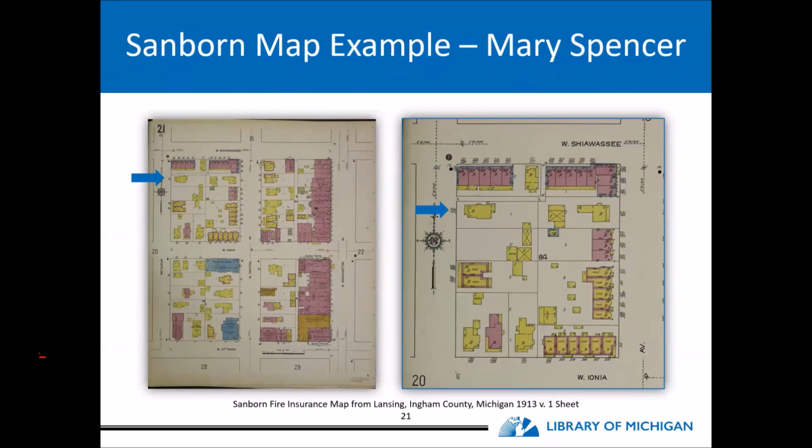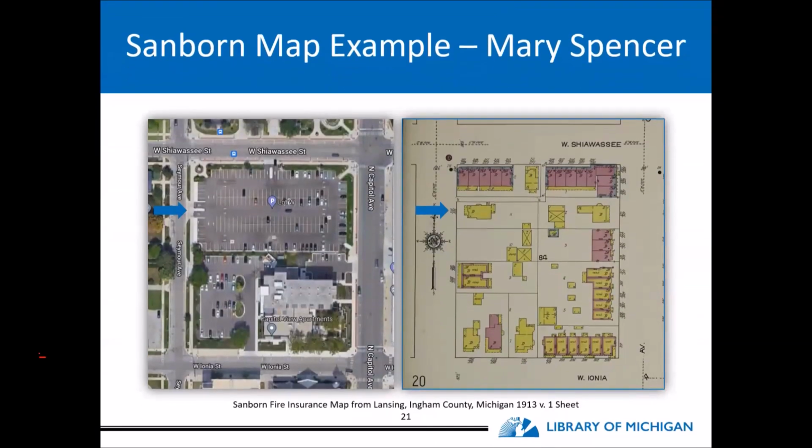The image on the right is a zoomed-in version, pointing to the yellow building structure itself. If we go even further, now that we know the block, we can see what was here. I think the letter D stands for dwelling. Usually the index page will have little notations for what different abbreviations mean. D is for dwelling, and so on.